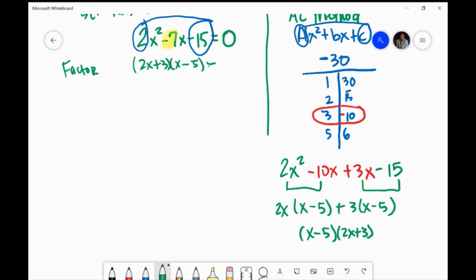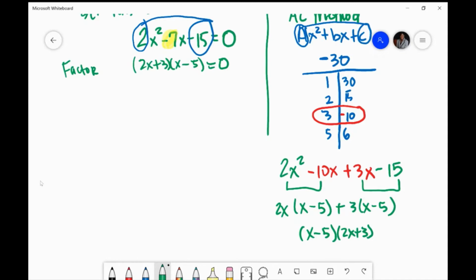And you can always check by doing what? Yep, multiplying that out just to make sure before you move on. So 2x squared minus 10x plus 3x, it works out.